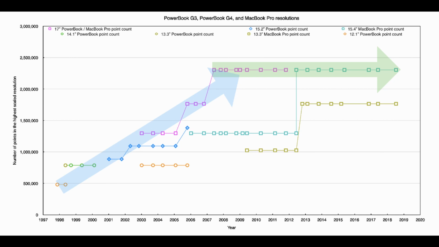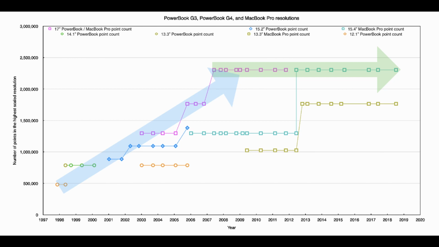What's pretty clear when you look at the shape of the graph is that there's a clear trend up to the mid to late 2000s of increasing that top-end usable space, the number of points in the highest display resolution, up to somewhere around 2008, and then that really peters out and remains static till the present.